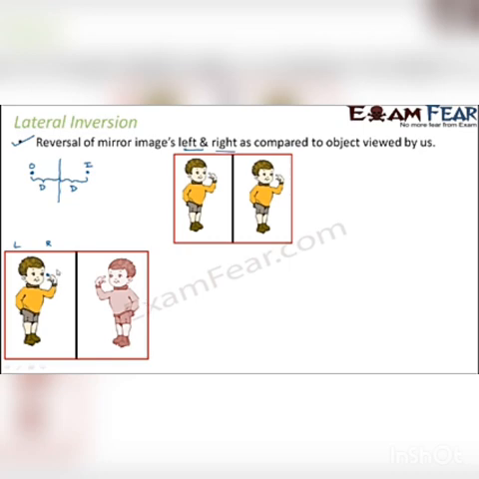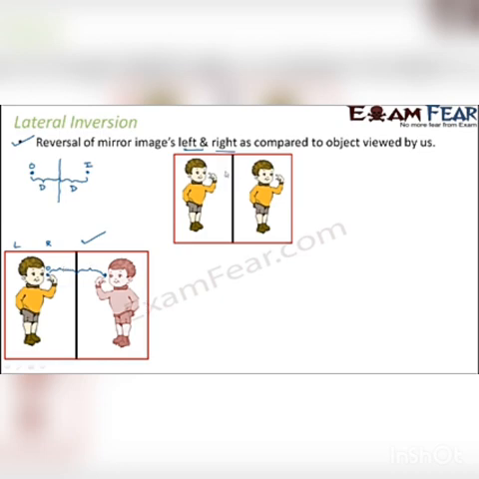So this is my point, I am considering this as my object, right? Because this is a point on the object. Then, as per my knowledge, the distance of this point from the mirror should be equal to the distance of the corresponding point of the image. So in this picture, it holds true because this distance and this distance are equal.